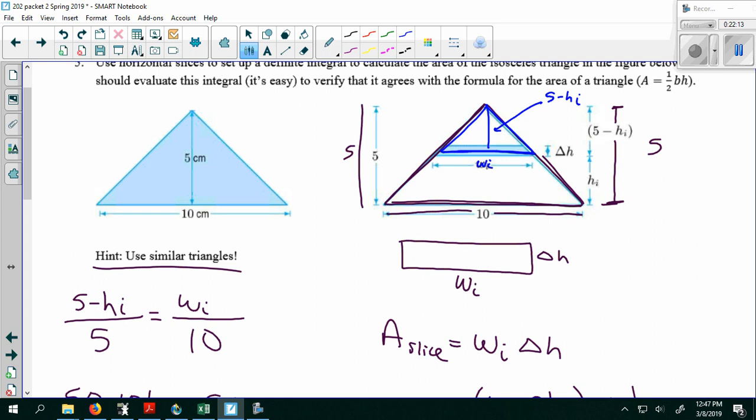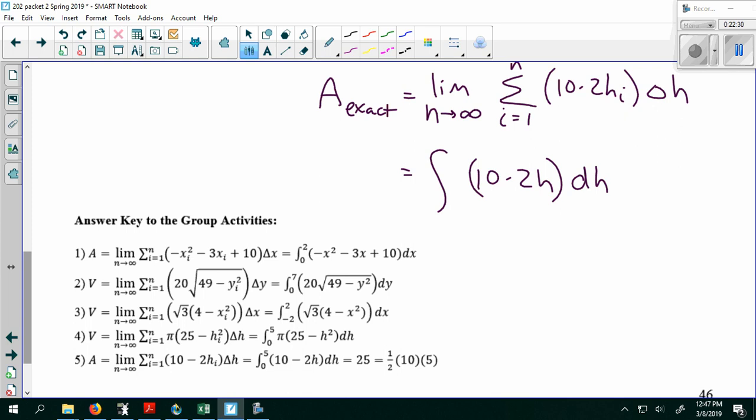So I'm going to integrate from 0 to 5. I'm stacking up these slices from the bottom of the triangle at h equals 0, stacking, stacking, stacking, until I hit the top of the triangle at h equals 5. Integrate from 0 to 5.